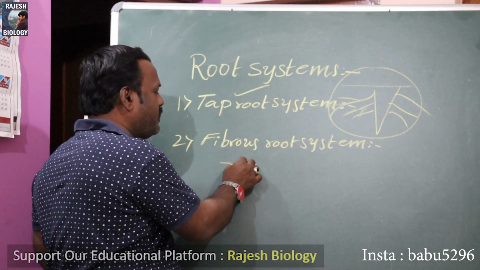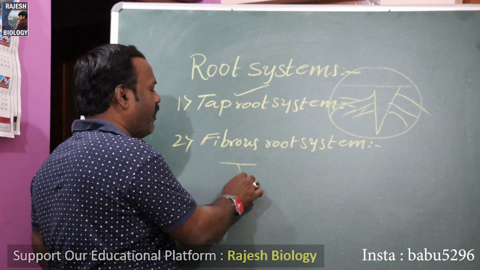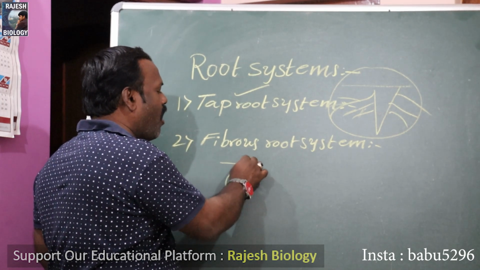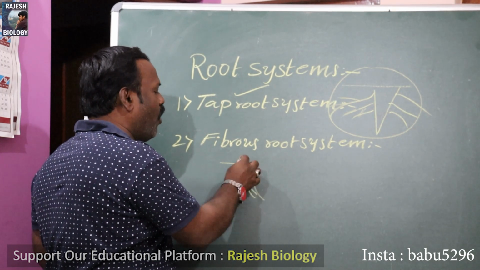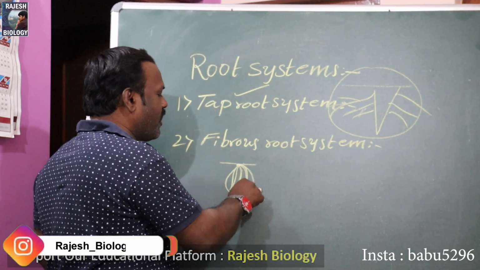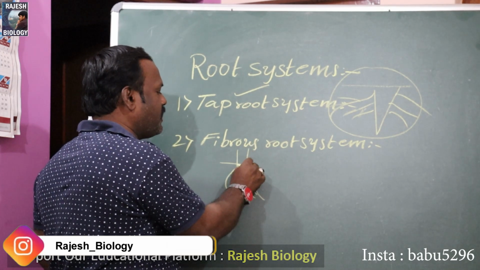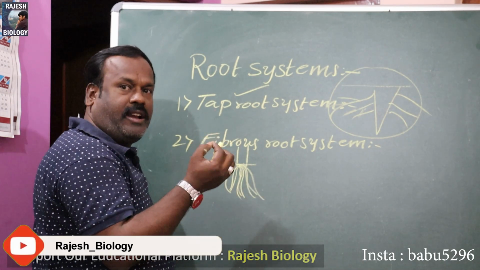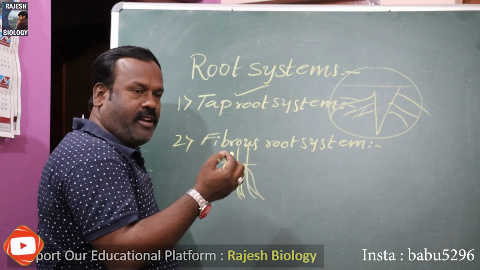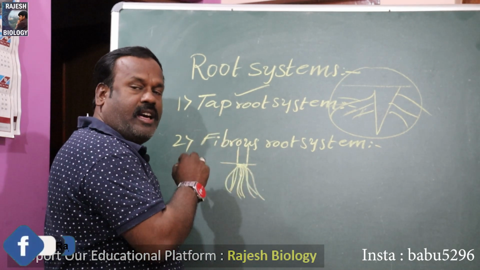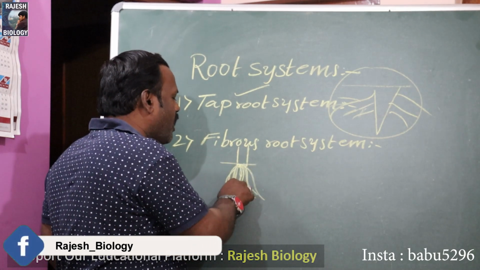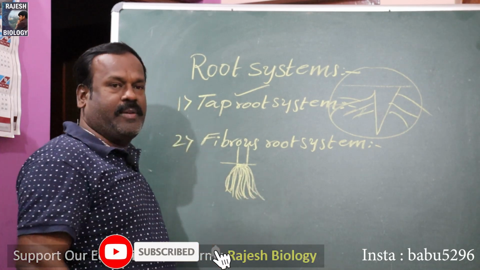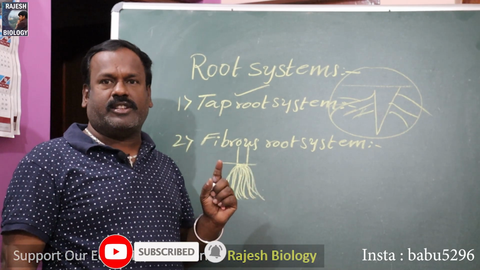In a fibrous root system, the radicle is short-lived, and in its place many roots originate from the lower base of the stem, all at the same level. This is called the fibrous root system.